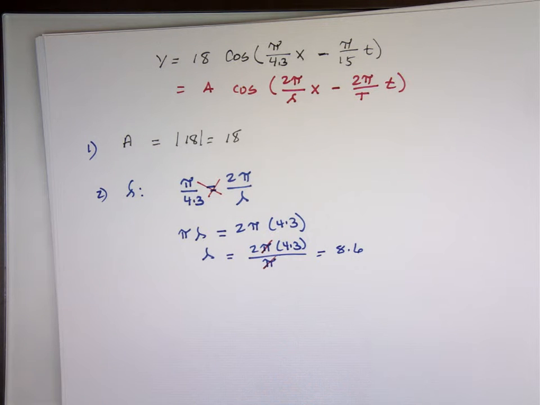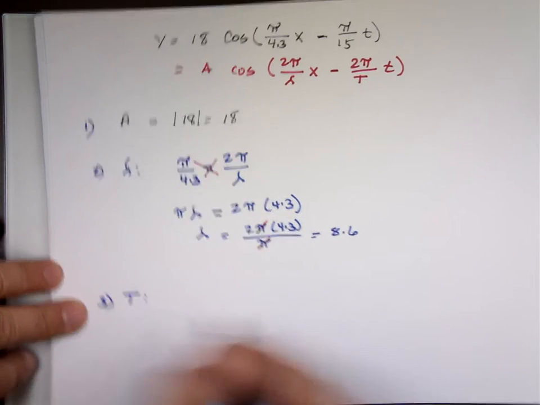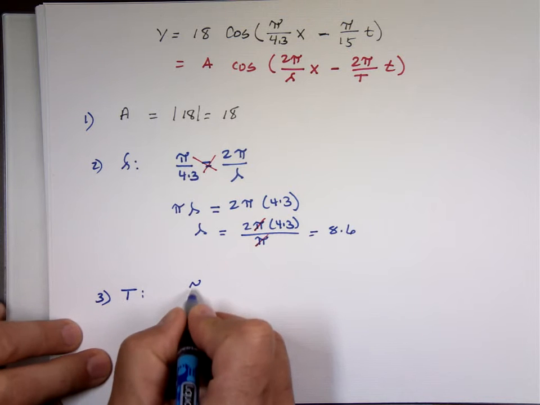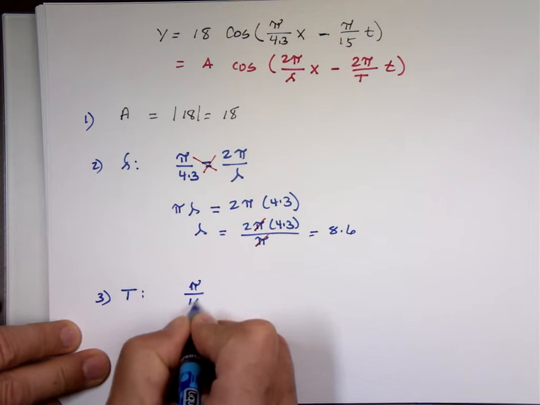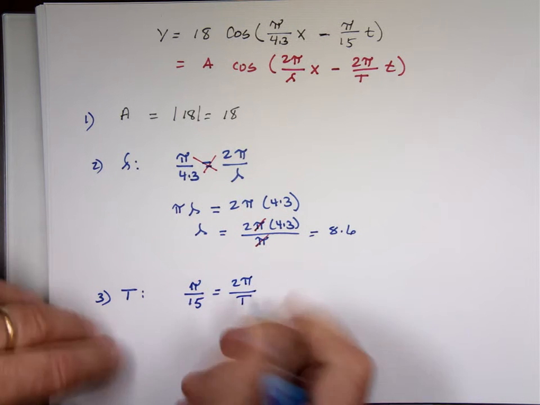What is the period? What's T now? That's the next question. Set these equal to each other. Again, cross multiply.